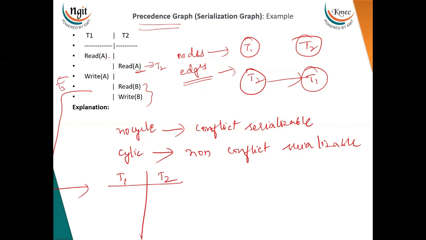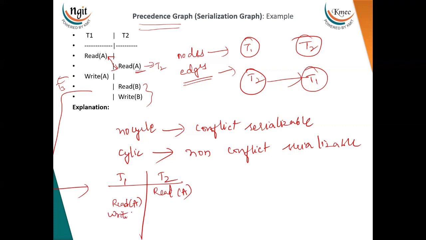So thereby, if I just swap these two, what is going to happen? In the place of this, I'm going to write down this T2 transaction. So first, let us assume that read operation is made on A by T2 transaction. Now, read operation is made on A by T1 transaction.